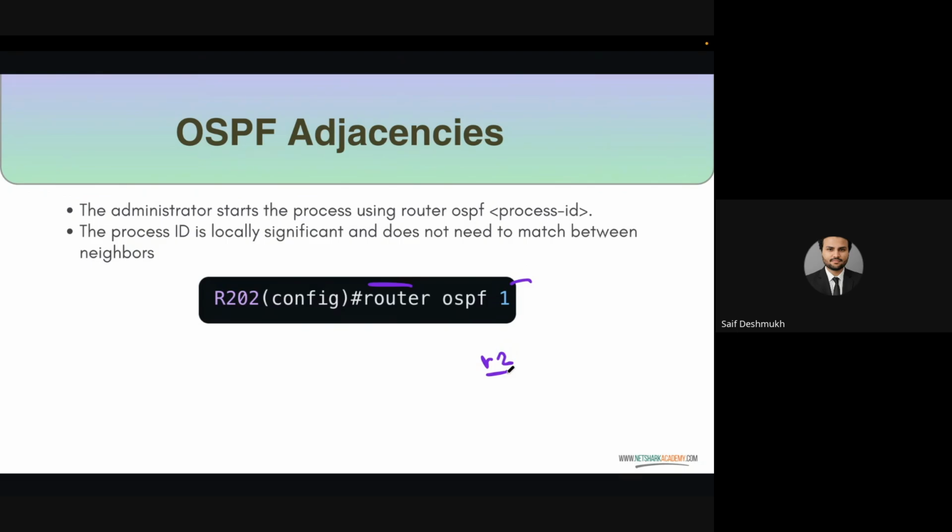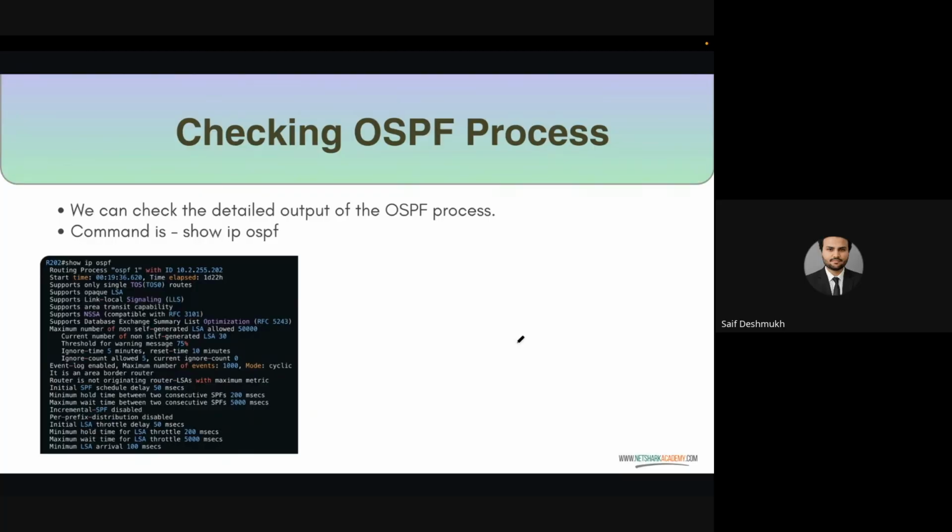It doesn't have to match, very similar to how the AS was used. If you're using an autonomous system in EIGRP on one side, it has to match on the other side. Here, it's not the case. This is only locally significant and locally used, and it's not sent to the neighbor router. It does not need to match between neighbors.